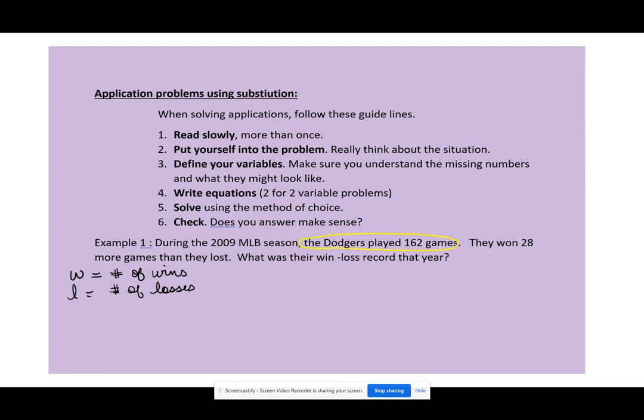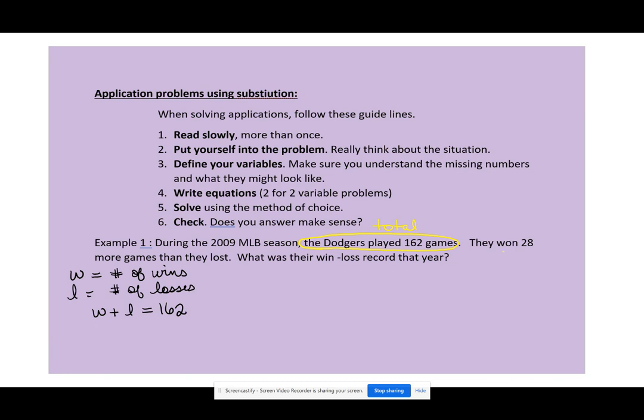Some of those were wins, some were losses, but the total, hint, hint, was 162 games. So that's going to be W plus L equals 162. It's a little tricky.